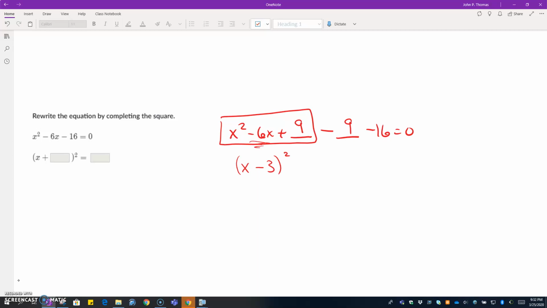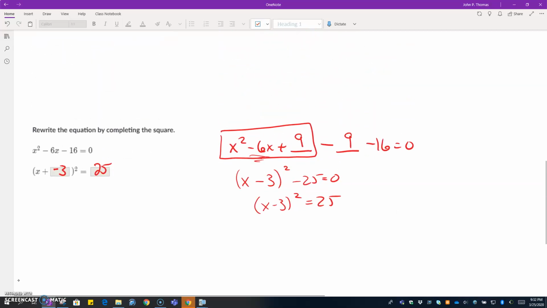So that's going to be x minus 3 quantity squared. And then minus 9 minus 16 is minus 25 equals 0. But I need to move that 25 over to the other side so that I match the structure that they have. So I'm going to need to put a negative 3 in the first blank, and a 25 in the second blank.